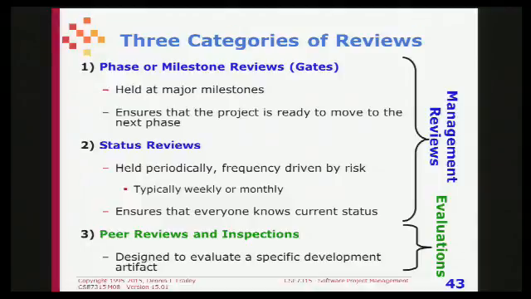Peer reviews are typically attended only by the workers, by the developers, not by the managers. Whereas the first 2 kinds of reviews are done by the managers. And you'll notice in the model software development plan or in the template that these are covered in different places. The management reviews are covered in one place, and the evaluations are covered in the same place as you talk about testing.